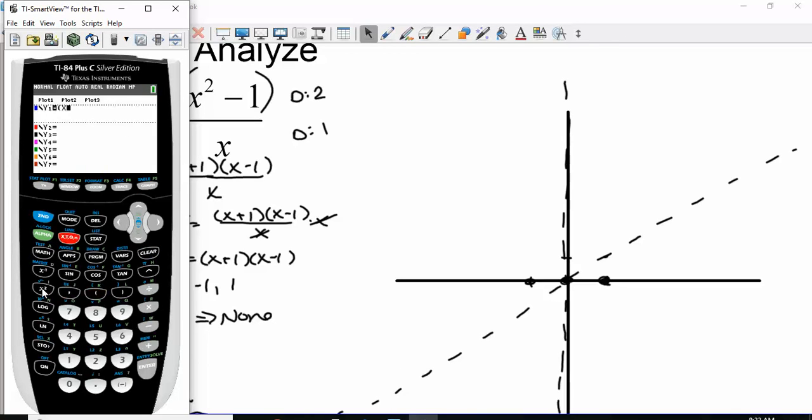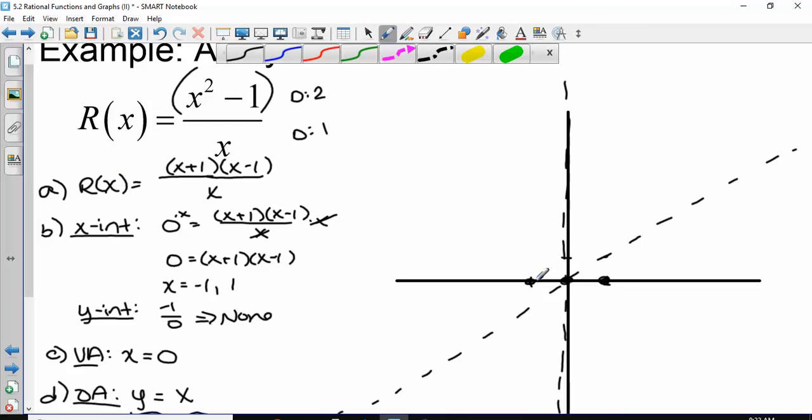We have x squared minus 1 over x. So what's happening is the first piece is over here, second one down here. Make sure you go through your intercepts and get closer to your asymptote.